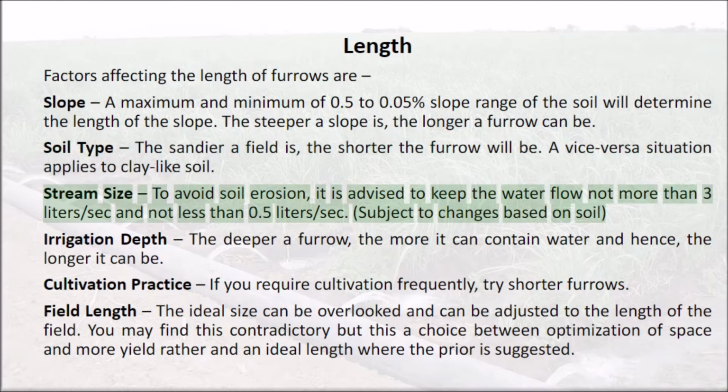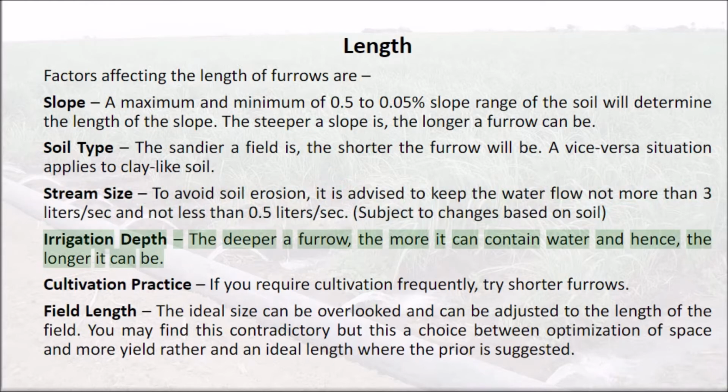Stream size. To avoid soil erosion, it is advised to keep the water flow not more than 3 liters per second and not less than 0.5 liters per second, subject to changes based on soil. Irrigation depth. The deeper a furrow, the more water it can contain and hence, the longer it can be.